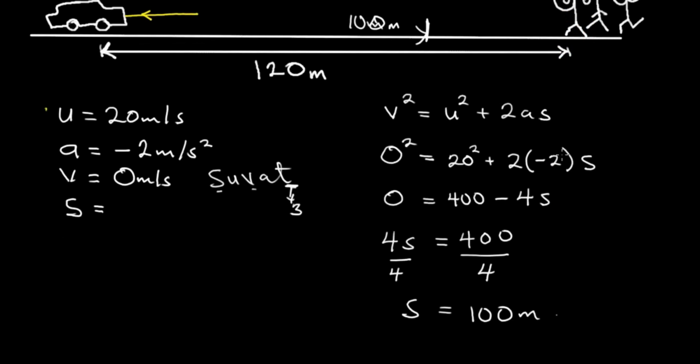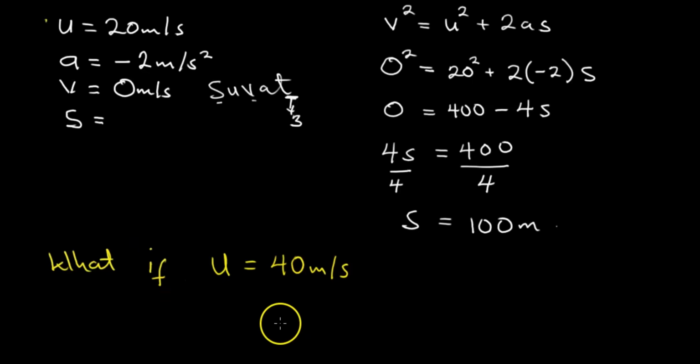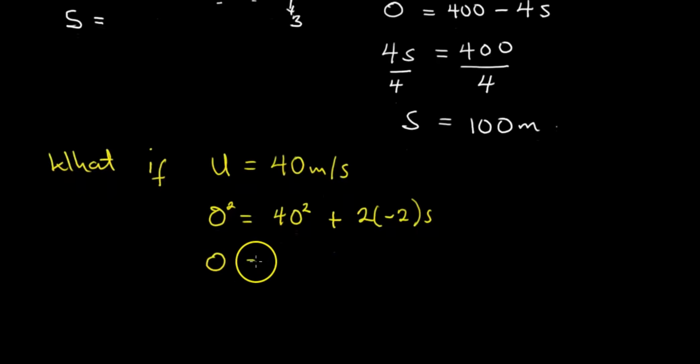So what if the initial velocity of the car was 40 meters per second? Will it be able to stop? Now let's verify that. If u was 40, it means that we are going to get 0 squared equal to 40 squared plus 2 bracket minus 2s. And that is going to give us 0 equal to 1600 minus 4s.